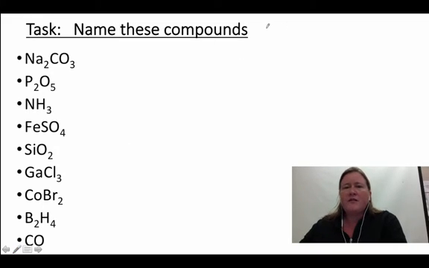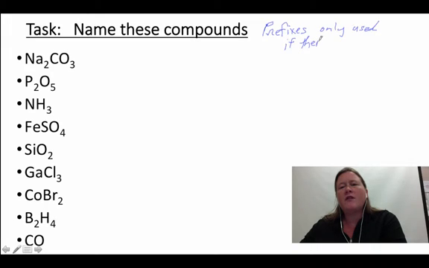So prefixes only used if you're looking at a formula, there are 2 elements and they're both nonmetals.